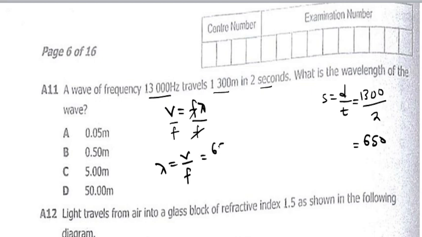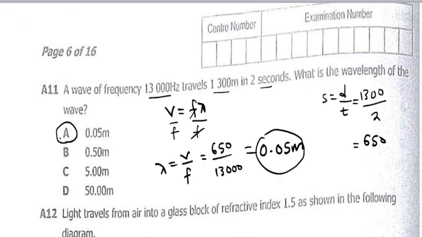So 650 divided by the frequency of 13,000, I'm actually getting 0.05 meters. So that is the wavelength. So I guess the answer here is answer choice A on question 11.